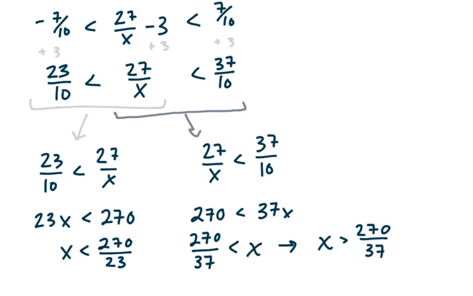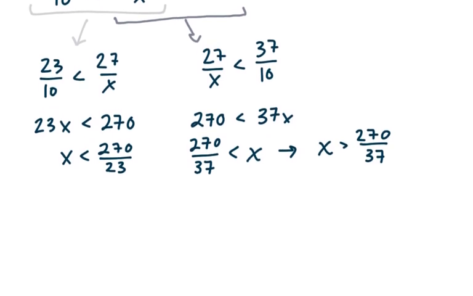Now, both of these fractions, they don't mean a lot to us in fraction form. So for the sake of considering our distances, we are going to look at them as decimals, even though we're going to keep them as fractions in our calculations. So I'm going to write that here. We have x needs to be less than 270 over 23, which is approximately 11.74. And 270 over 37, that says x needs to be greater than 7.30.